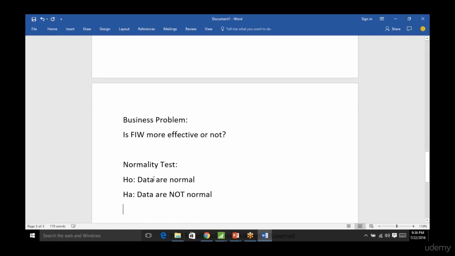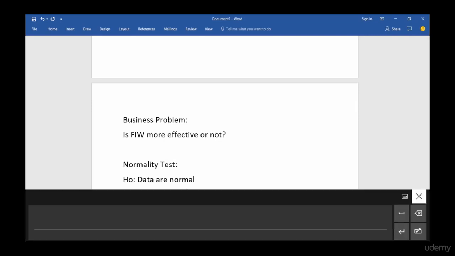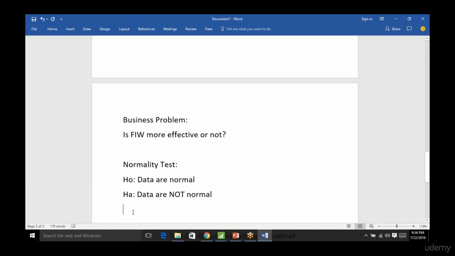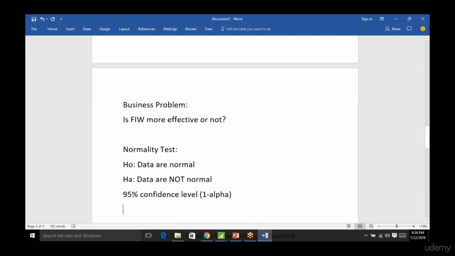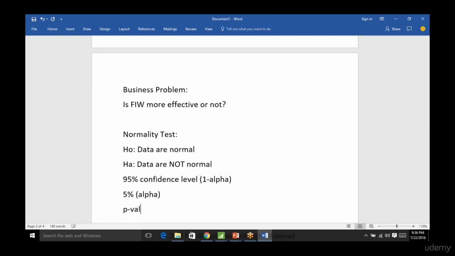Now how do we perform this test? Even before we perform this test, we know for a fact that management wants us to be 95% confident with the decision that we take. So this 1 minus alpha is nothing but 95%. What does that mean? There is a 5% chance that you might go wrong, which is given a notation called alpha. And always the probability value is compared with alpha.